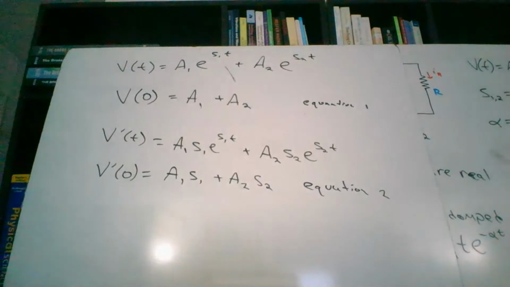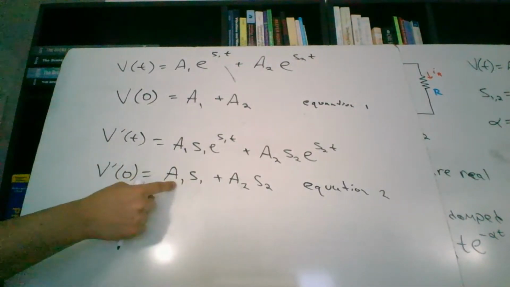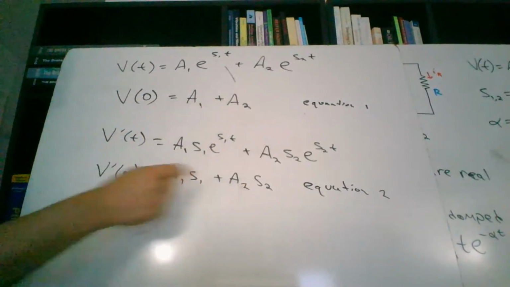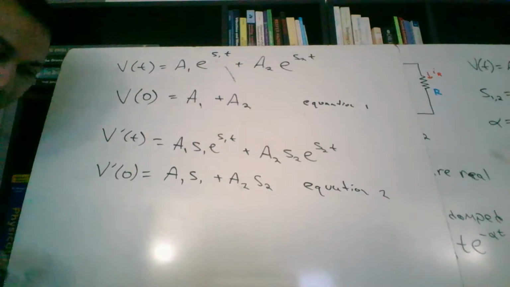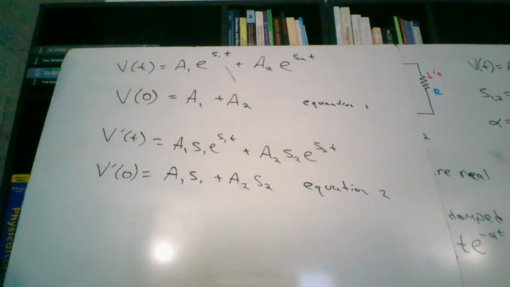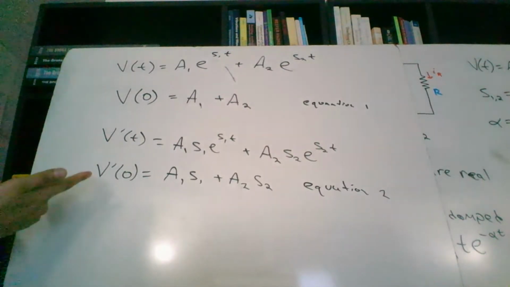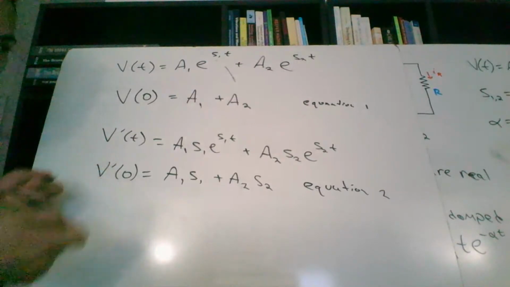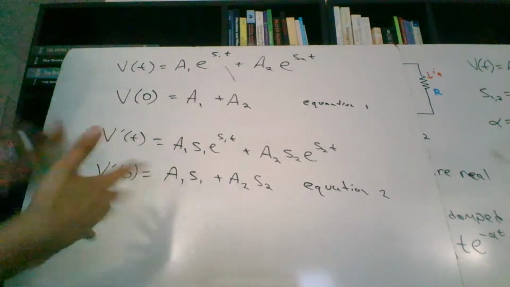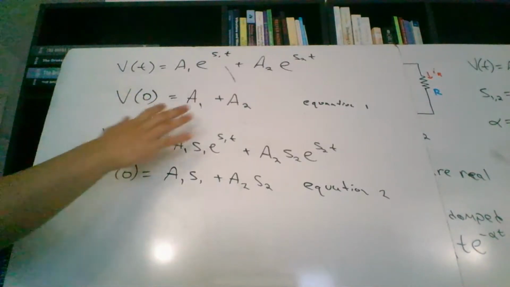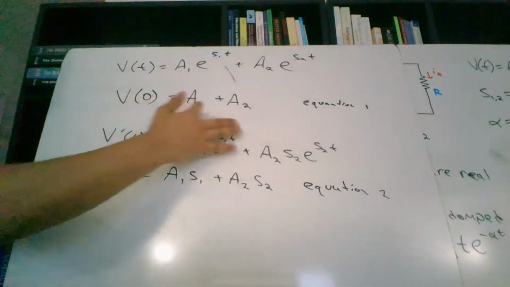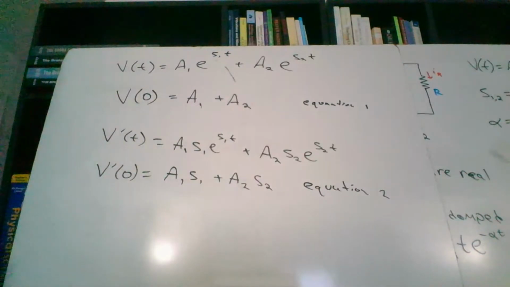You have two equations, equation 1 and equation 2, and you have two unknowns, A1, A2, where this and this you will be probably given on a problem. And if not, you can always find it using a voltmeter or something. So if you actually made a circuit and then you probed it, you would know, oh, at time equals this, it's going to be this much voltage. And so you could set that much voltage equal to this and then substitute in for your terms here.